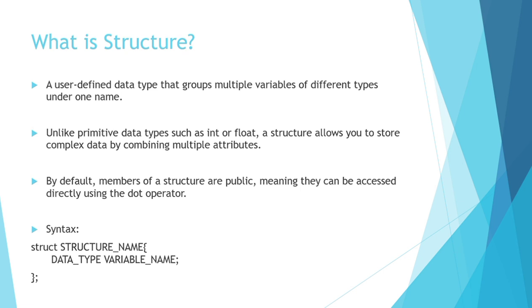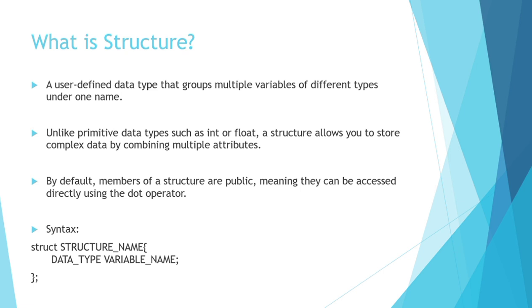Unlike arrays, which store multiple values of the same data type, structures allow different types of data to be combined within a single unit. This makes structures essential for handling complex data efficiently. Unlike primitive data types such as int, float, or char, a structure enables the creation of more complex data types by combining multiple attributes.